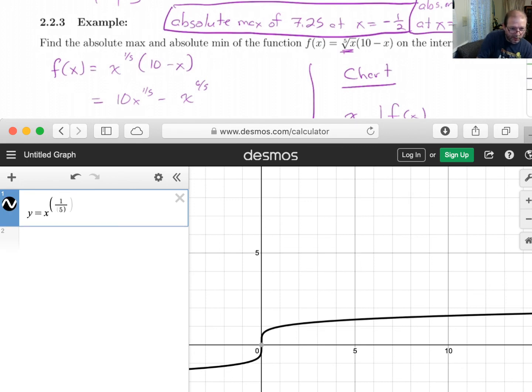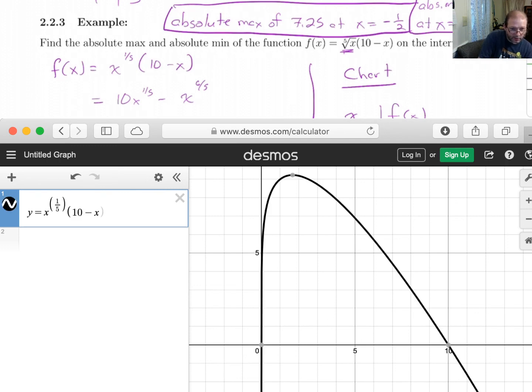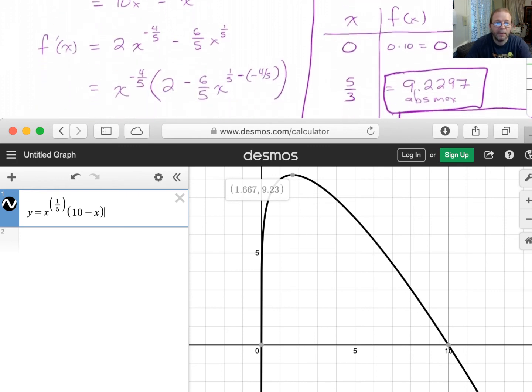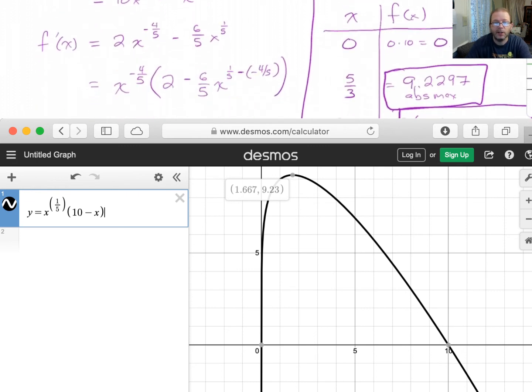Or you could put x to the 0.2 if you'd prefer. So this times 10 minus x. And sure enough, we've got a maximum here. The maximum occurs at 5/3, and the value is 9.23.